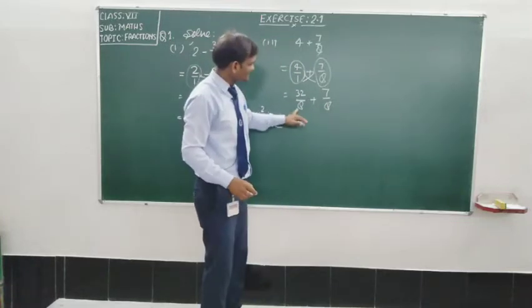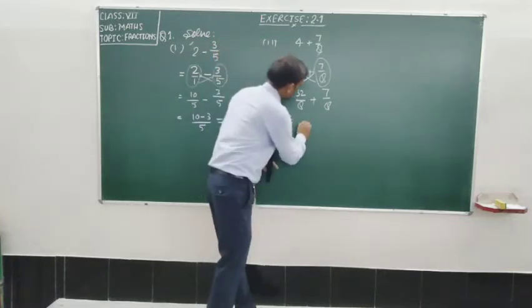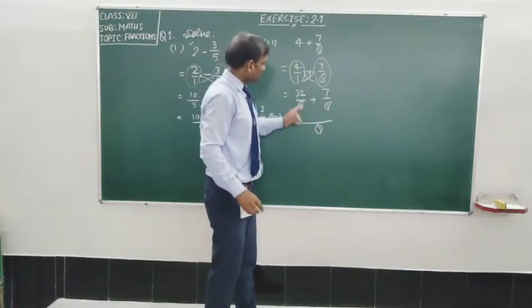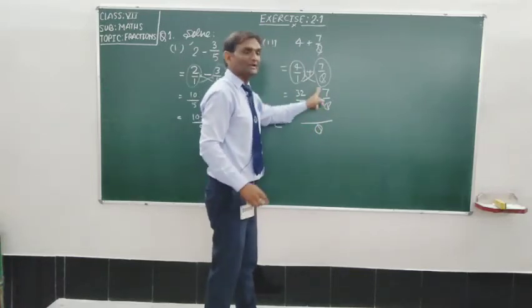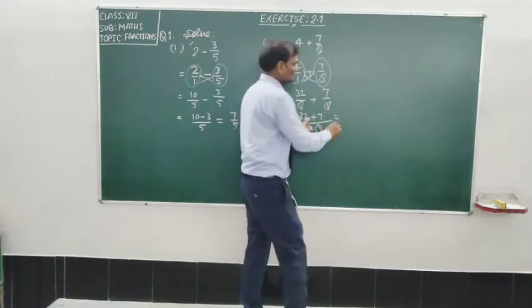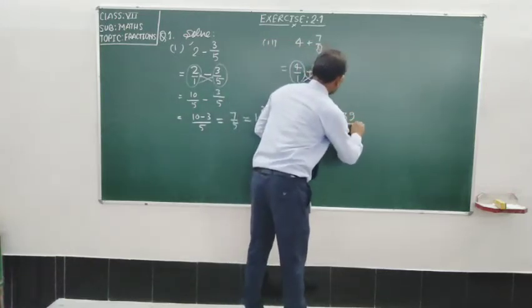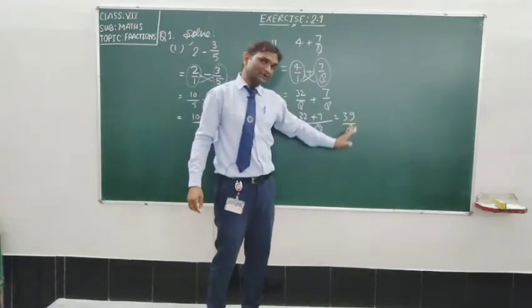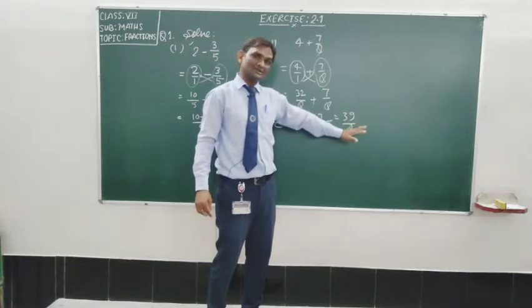Now, student, you are seeing that denominators are same. So, draw the bar sign, write the 8 below the bar and add the numerators together. 32 plus 7 is equal to 39 upon 8. You can divide 39 by 8 and write your answer in the form of a mixed fraction.